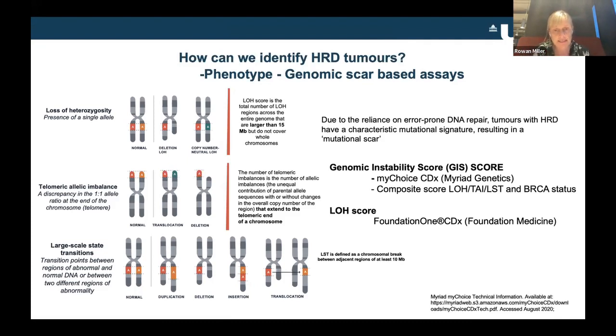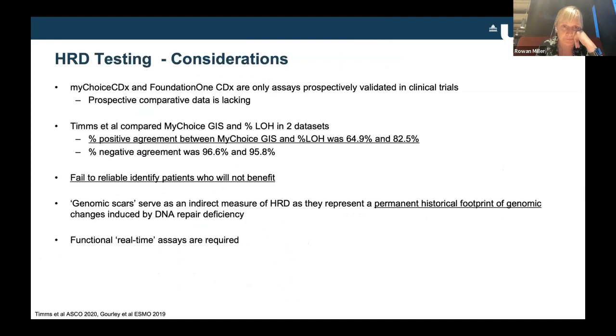Now, each of these assays uses a continuous variable scoring system, and they have a somewhat arbitrary cutoff, over which you're defined as HRD test positive, and below that you're considered HRD test negative, or sometimes called HR proficient. Now, the tests aren't perfect, but currently they are the best that we have.